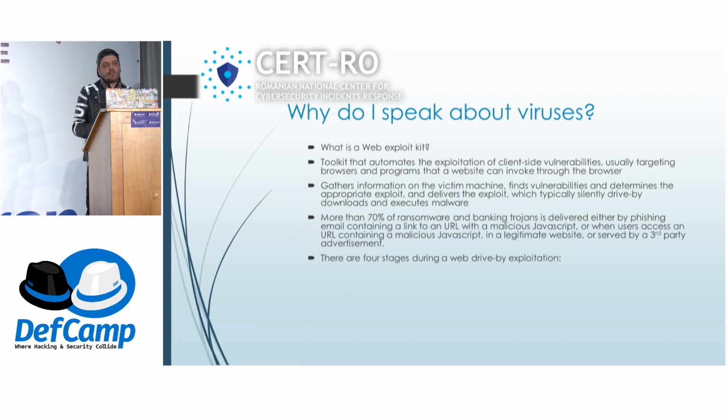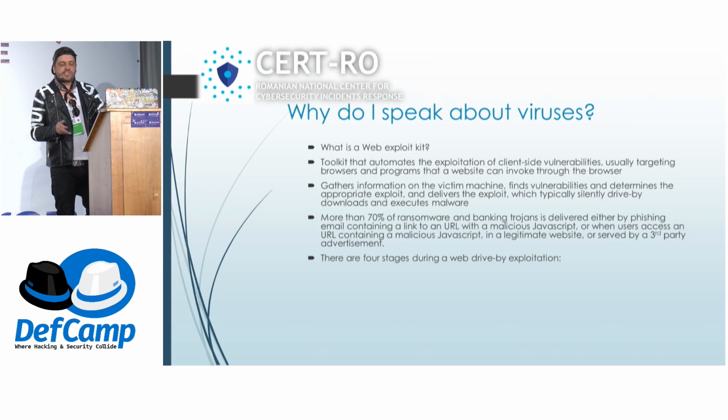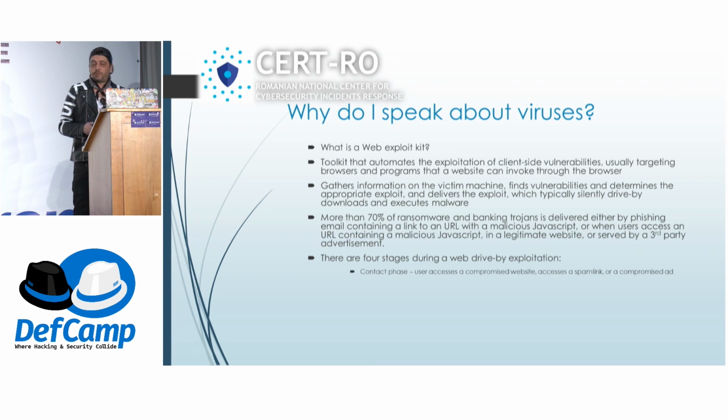Usually, there are 4 stages. We identified 4 stages in drive-by exploitation. The first stage is the contact phase, where the user accesses a compromised website, accesses a spam link, or even a compromised ad might have the same effect.